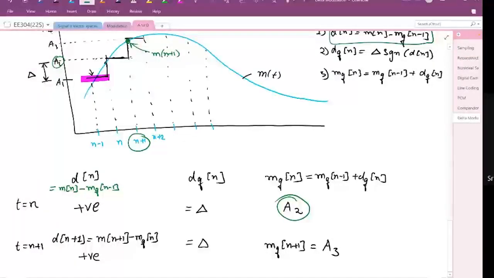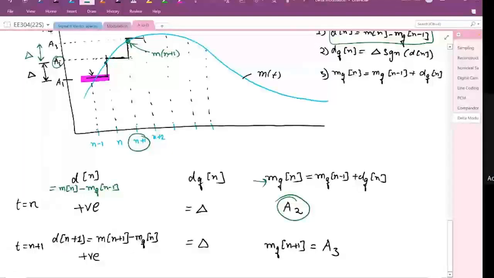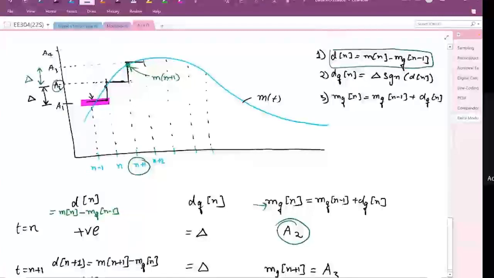Yes, sir. Mn plus 1 has got nothing to do with mqn, because mqn can only take integer multiples of del. Mqn can only take some integer multiples of del, so this is del, this is again del. So a1, a2, a3, and a4, these all are dels. The difference between them is del. Yes or no?